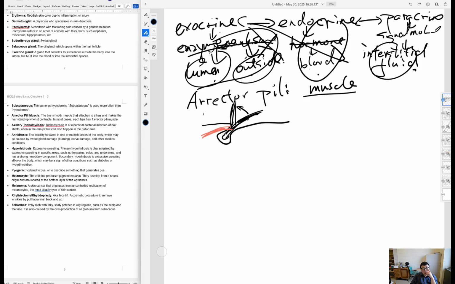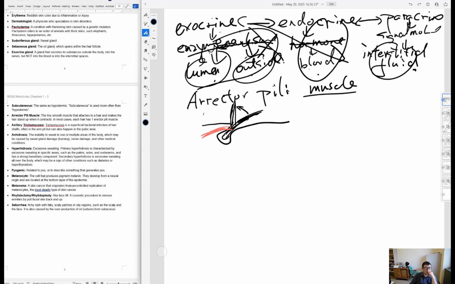Normally it contracts one. When you want your body to be warmer, or you want to scare an enemy, the hair stands up and you look bigger. In most cases, each hair has one muscle to control it.